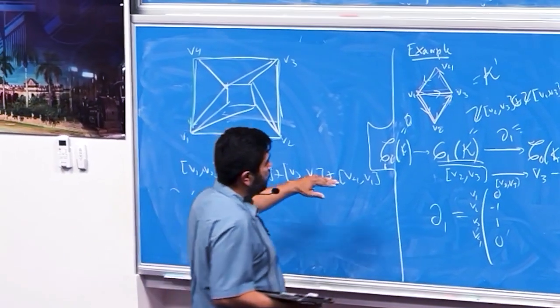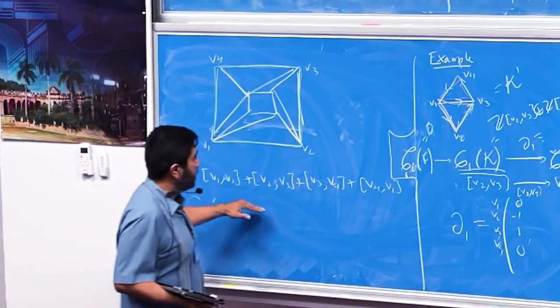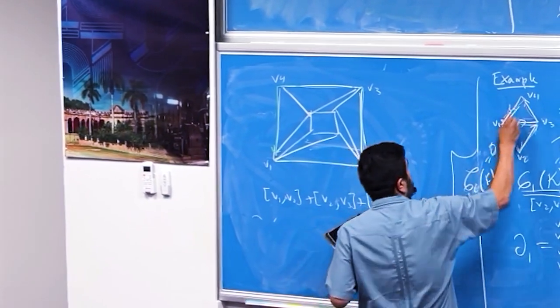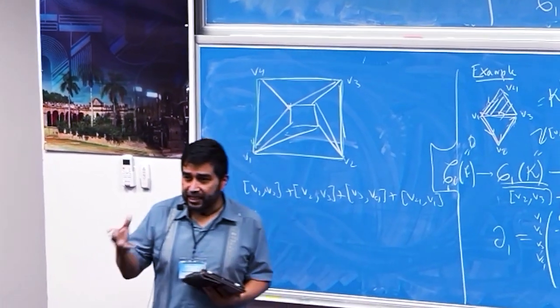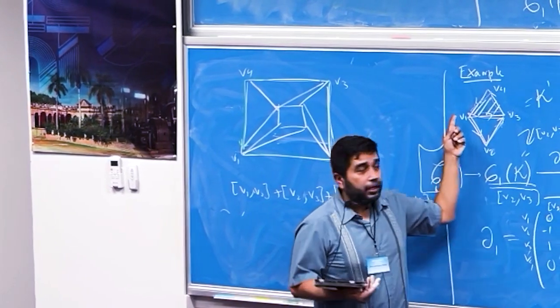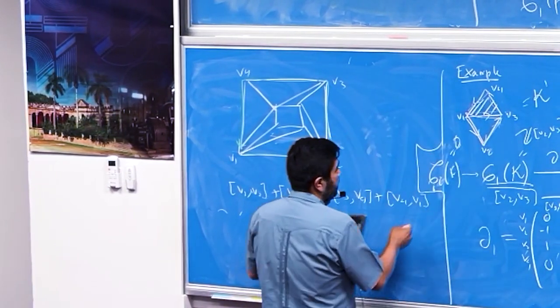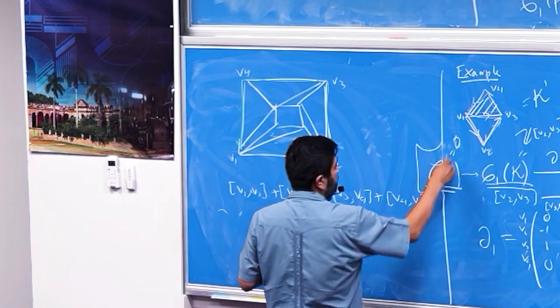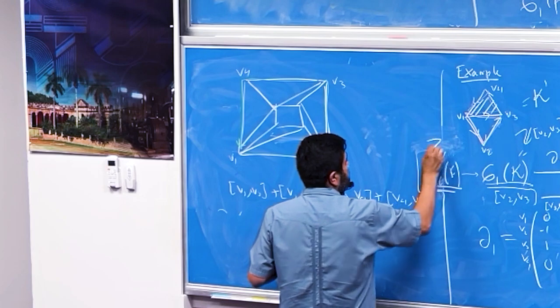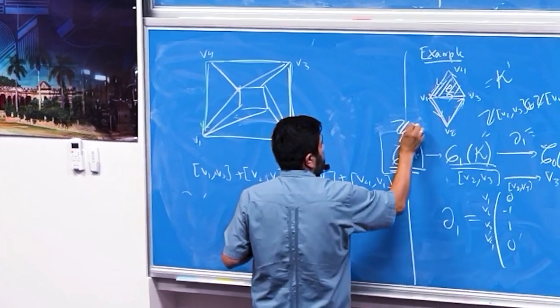But we want to take into account the disks. What happens if we add a disk here? If there is a disk, there is no actual hole here anymore. In this case C2 of K is going to be replaced by C times this disk.